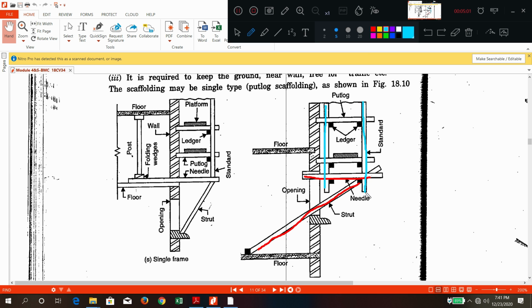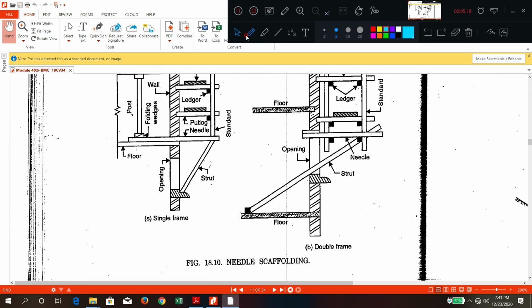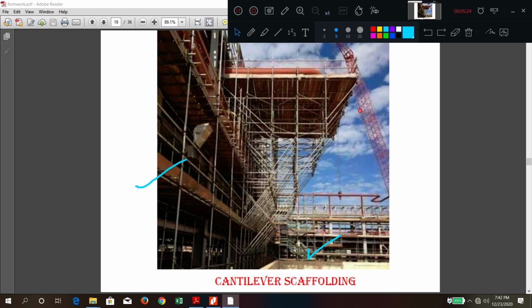Above that you put the put logs, and below the put logs you will have ledgers. So this is needle scaffolding. One is single frame, another is double frame. This is the site.